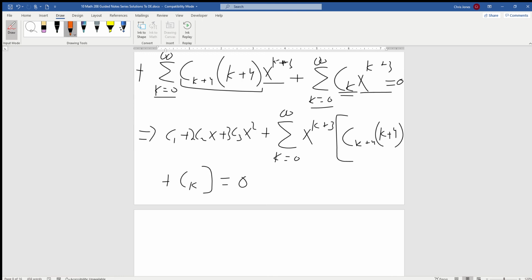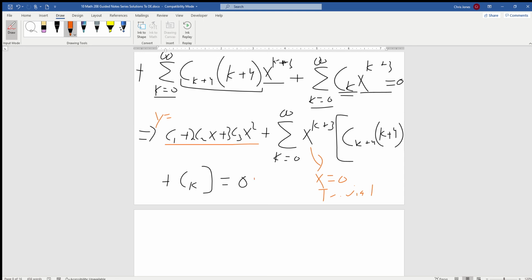Now one thing that's obvious is the trivial solution, and remember this is all y equals, so that's our solution, y equals all this stuff. But one solution is when y and x are 0. Clearly if you plug in zeros for everything, then it's just going to go away. So x equals 0, that's trivial. We don't care about that. We do have something that we didn't see in the previous example: c1 plus 2c2 x plus 3c3 x squared is equal to 0.